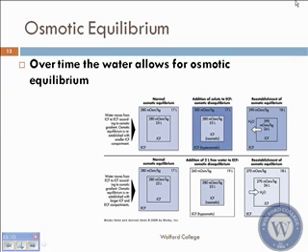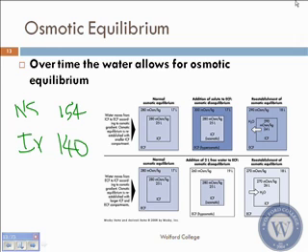Remember, the sodium content in the intravascular space is what? 140 milliequivalents. Okay, if I give you normal saline, the actual amount of sodium inside normal saline is 154 milliequivalents per liter. Okay, so that means that the salt content is actually high in that fluid.